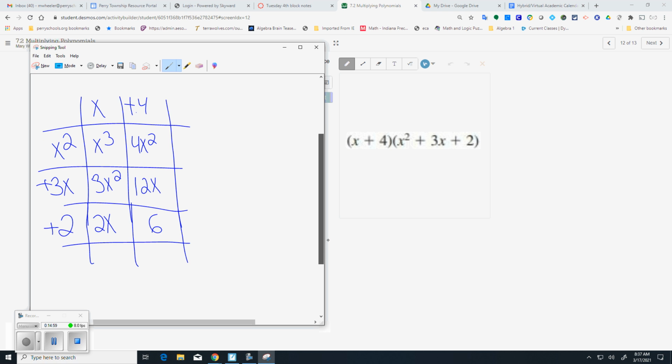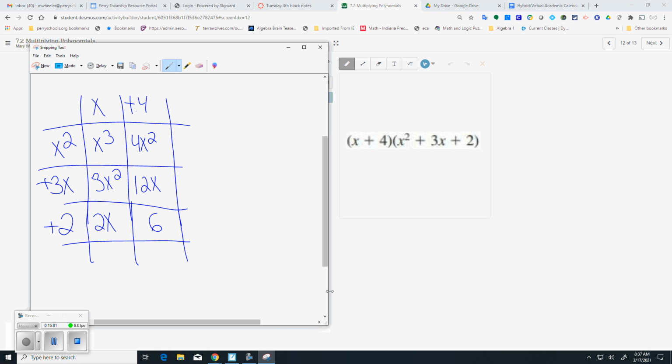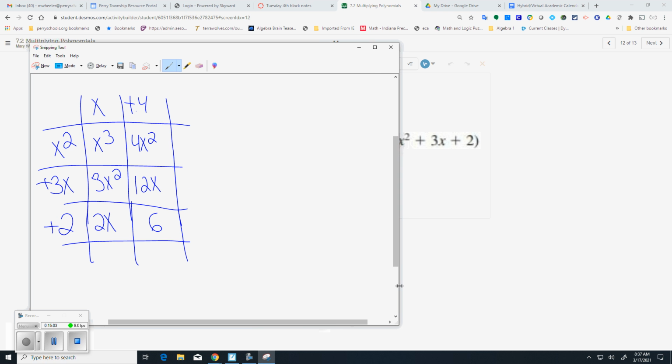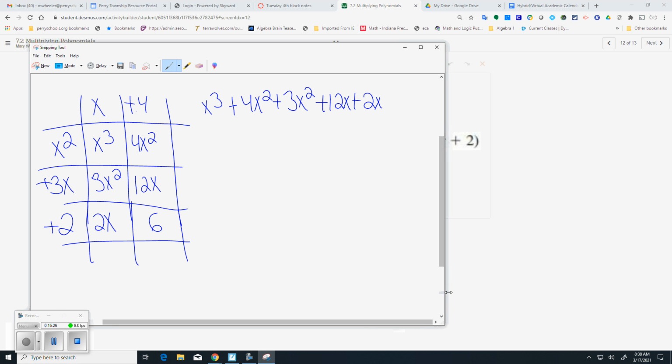Okay, so then you write it out. x cubed plus 4x squared plus 3x squared plus 12x plus 2x plus 8.